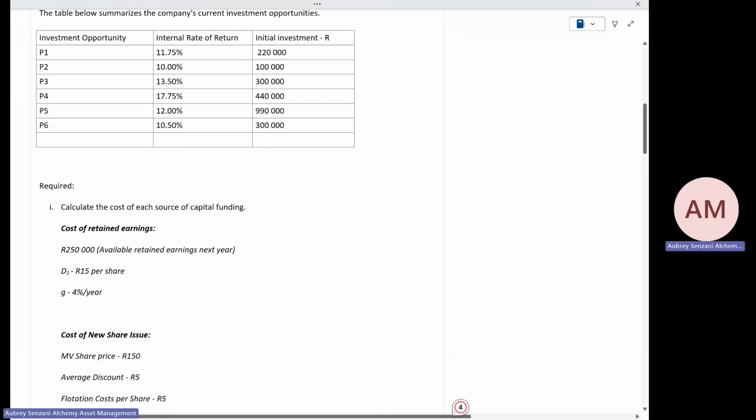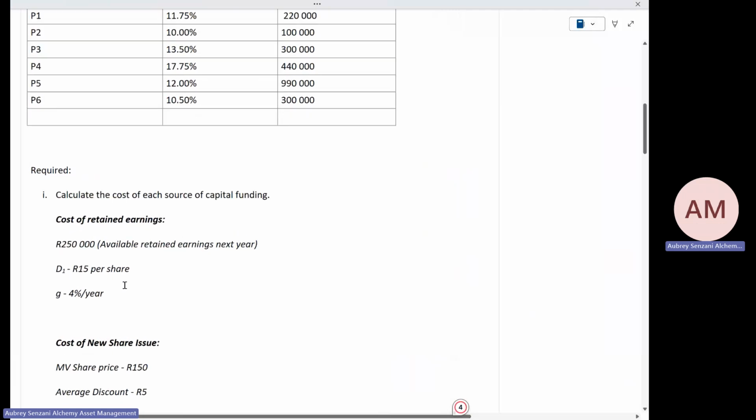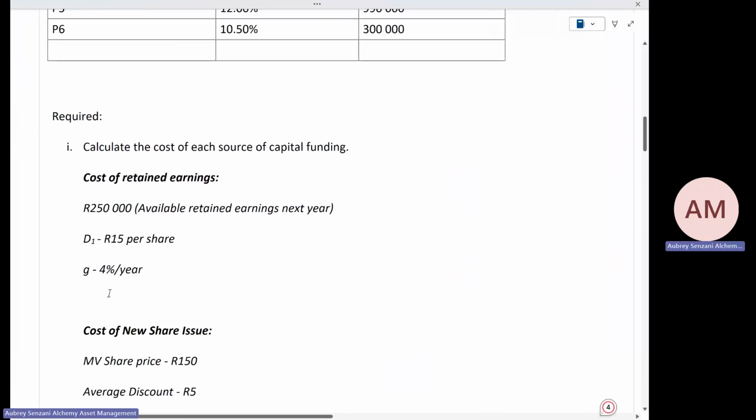So we have to begin with part 1, where they ask us to calculate the cost of capital for the different sources of capital funding. The first one that we read there was the retained earnings. So what is the formula that we can use when it comes to equity?